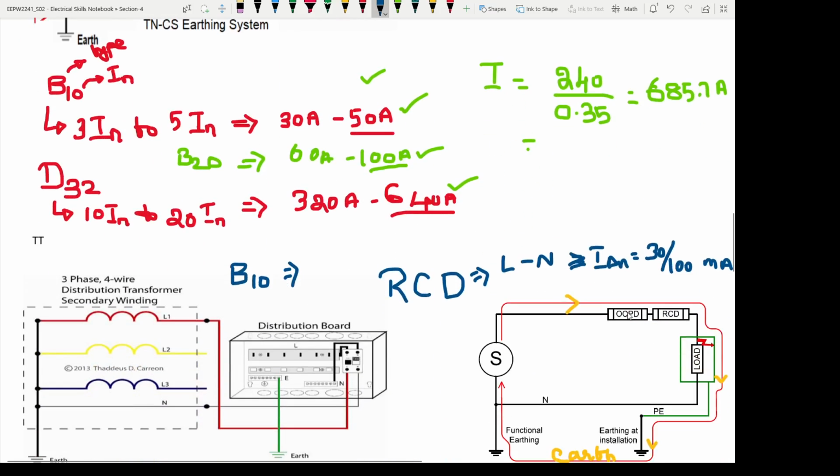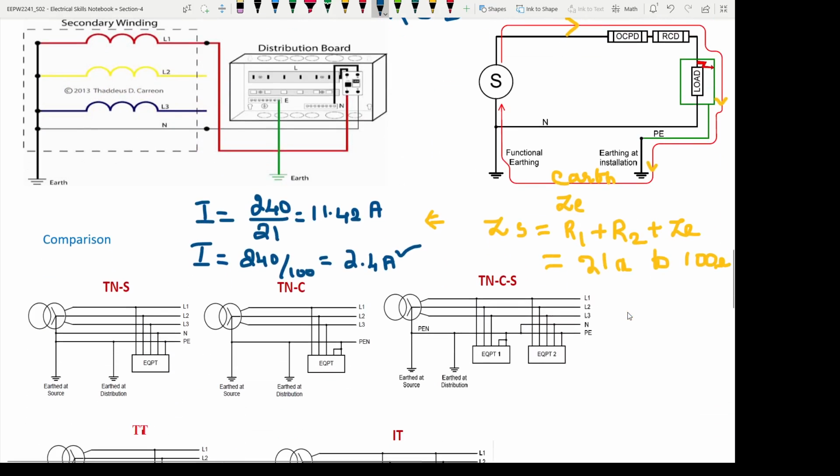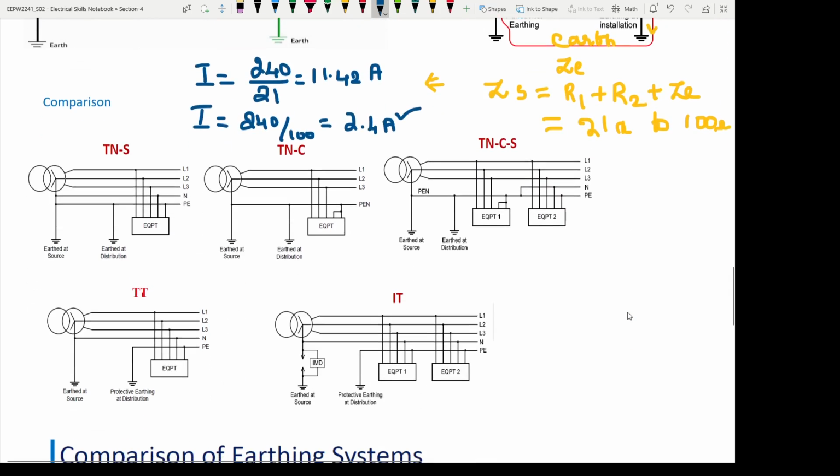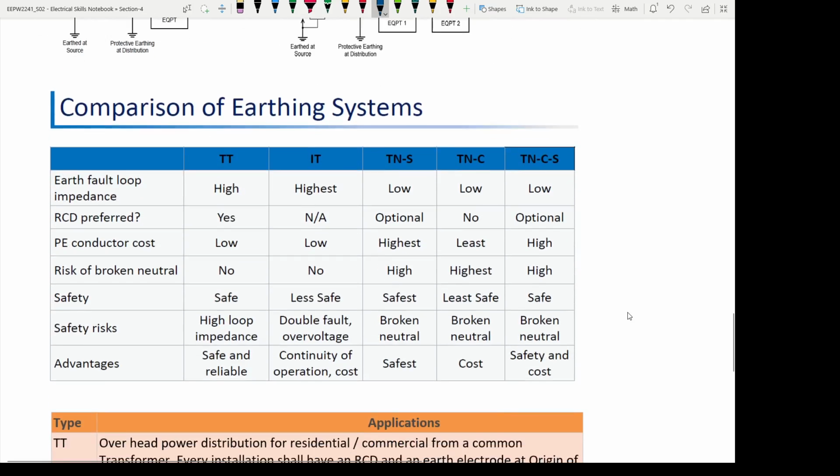By this you can reach a conclusion on where I can use TNS, where I can use TNC, TNCS, and where I can use IT. So, I have quoted here a simple comparison for these five different earthing systems.